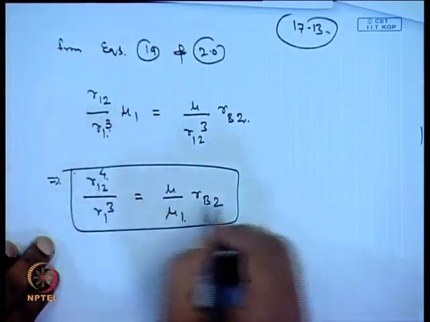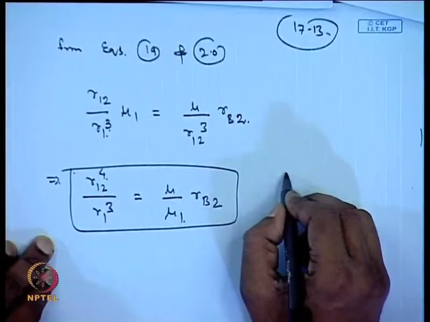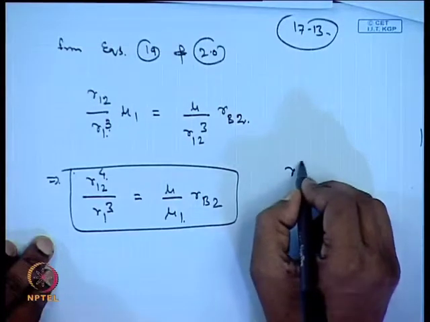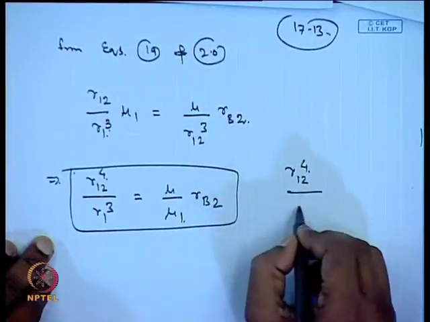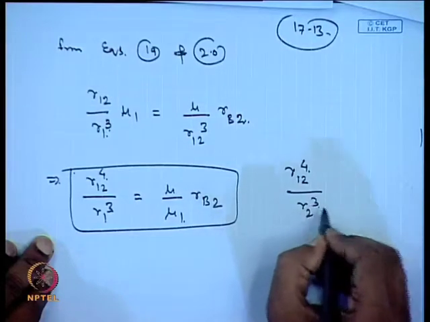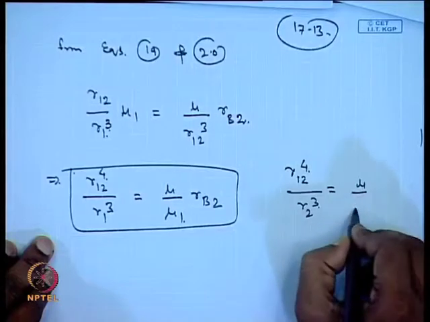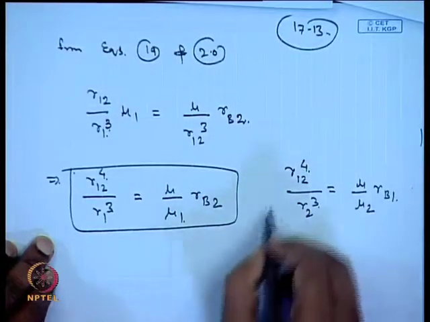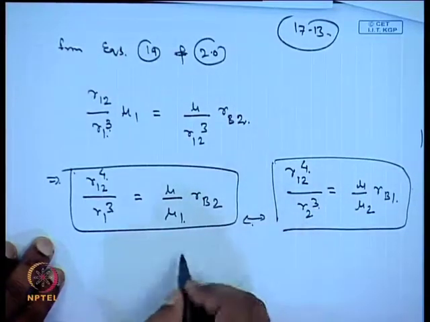This is one equation. Another we get, from equation number 20, R12 to the power 4 by R2 cube is equal to mu 2 times RB1. Okay. So, these are the two equations after rewriting we are getting.